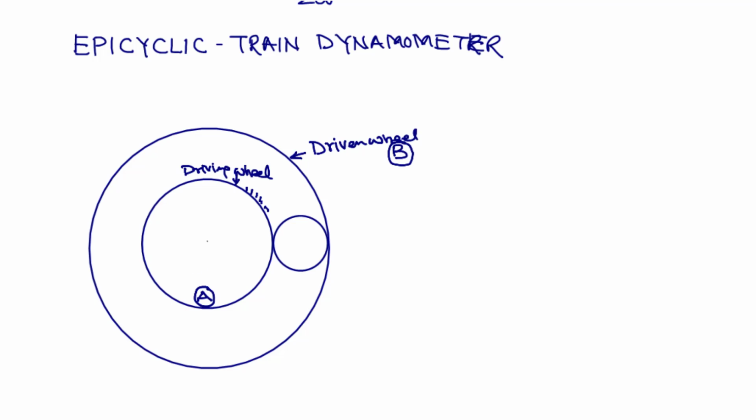Power is transmitted from the driving wheel to the driven wheel, and this is the intermediate pinion C. This is pinion C. This is also a spur gear with external teeth, and the driven wheel has internal teeth.